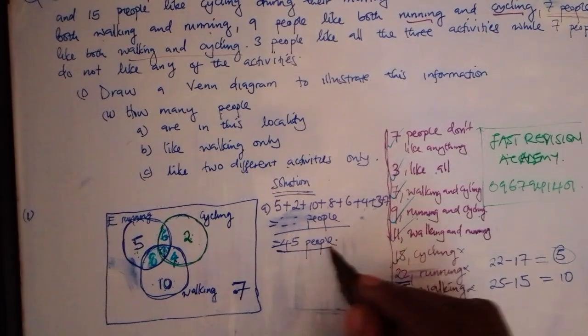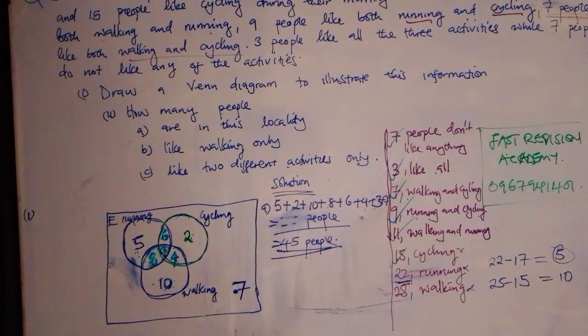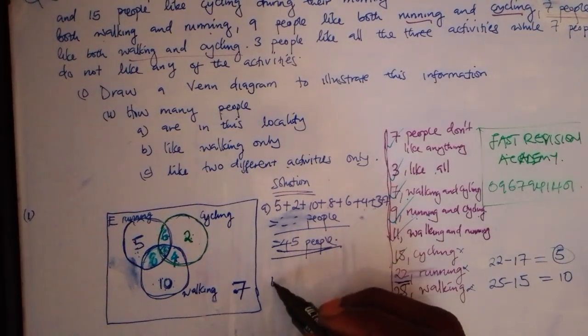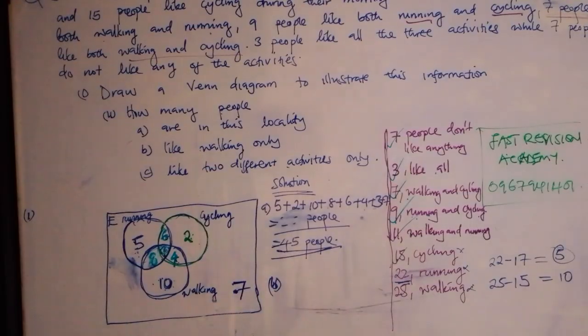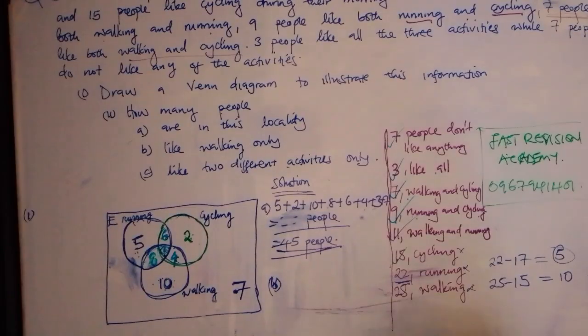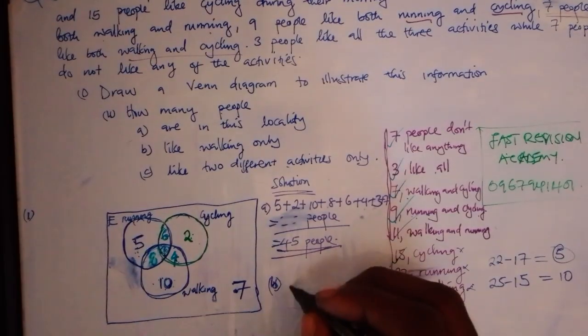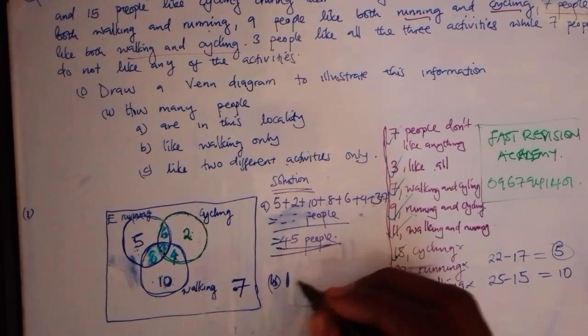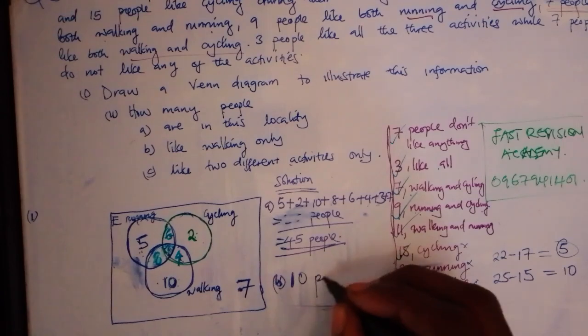So meaning we have solved our first question. Our second question is saying how many people like walking only. So walking only, I told you that is this, because these are not in any of the other. So those people that liked walking only, they are only what? 10. So you say 10 people.